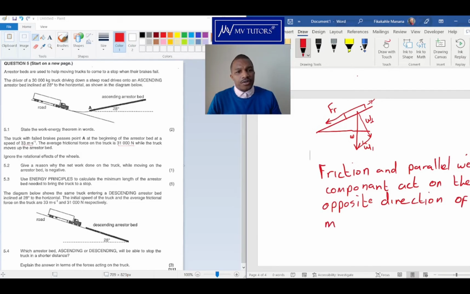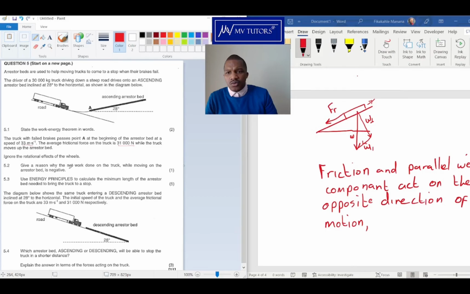Of motion. Then thus, that's what they said. Moving, why the net work done.